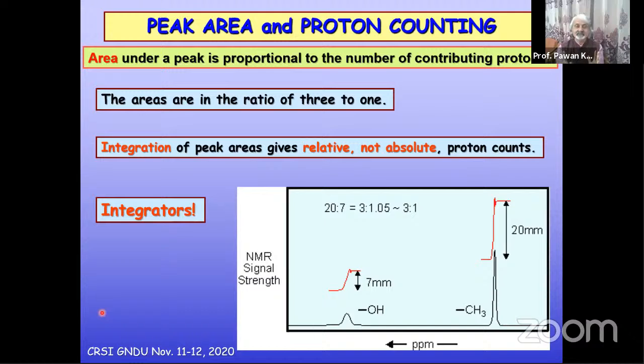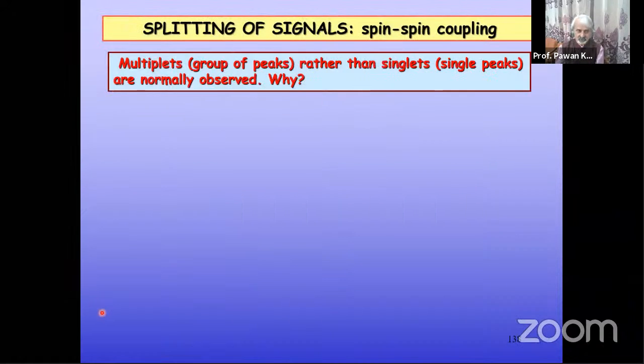But it is not telling me that there are absolutely 3 protons and 1 proton, because I'll get exactly the same integration, exactly the same NMR spectrum, if I have 6 protons of one kind and 2 of the other kind, or 9 protons of one kind and 3 of the other kind. So it gives me the relative proton count and not the absolute proton count.